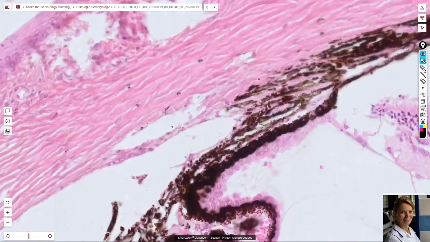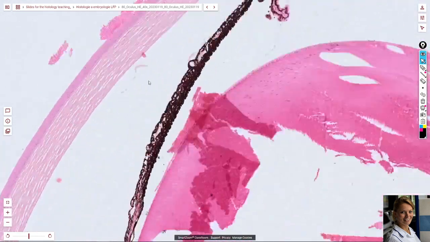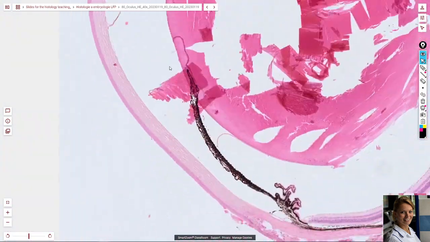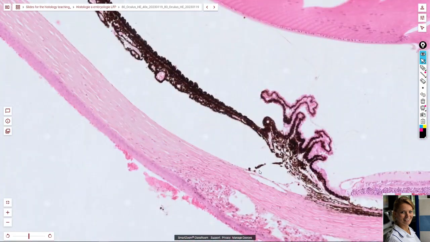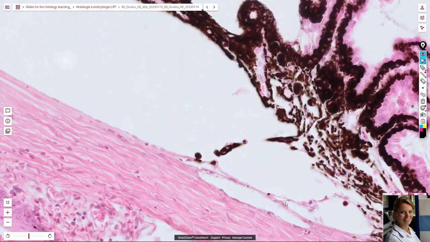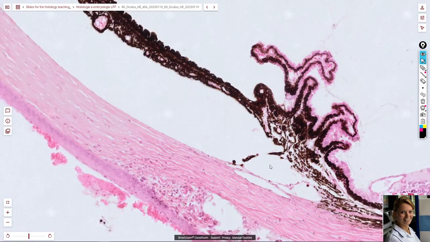This is the Schlemm's canal, and also on another side here is a Schlemm's canal, where the aqueous humor is absorbed.